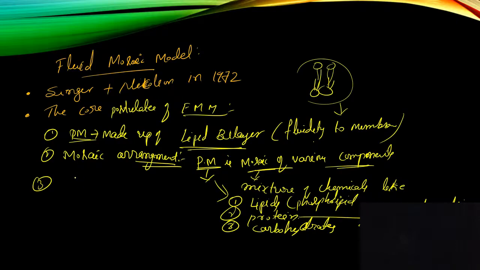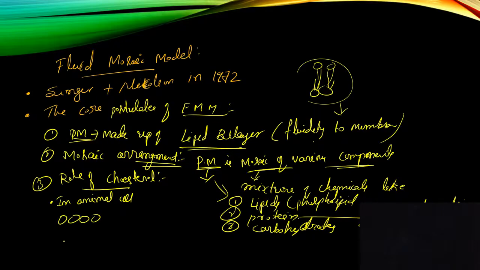They also explain in the fluid mosaic model the role of cholesterol, mainly in animal cells. In animal cells, cholesterol molecules are tucked between the phospholipids. How can we understand? If you consider this a lipid bilayer, this is a tail structure, and this is a head structure.